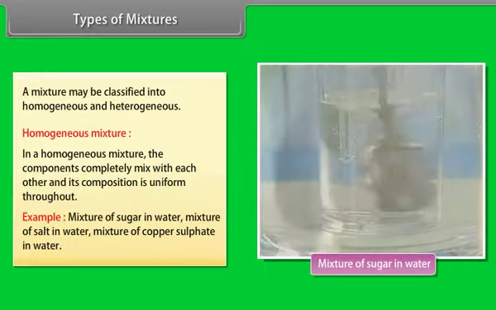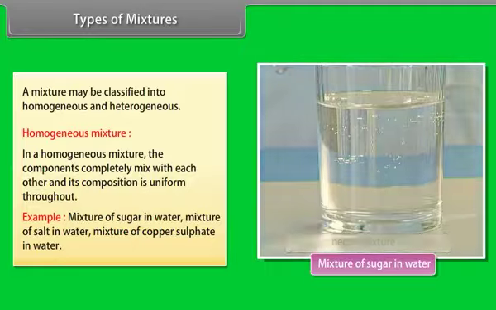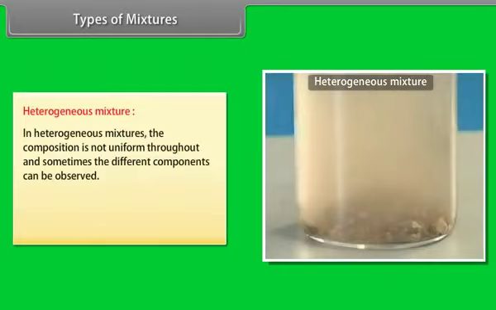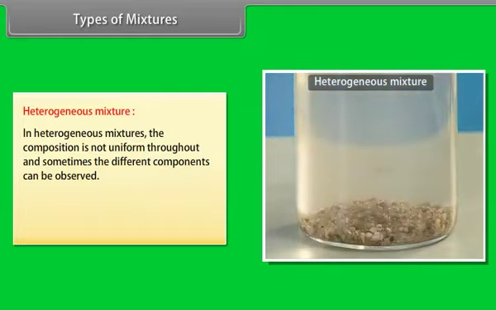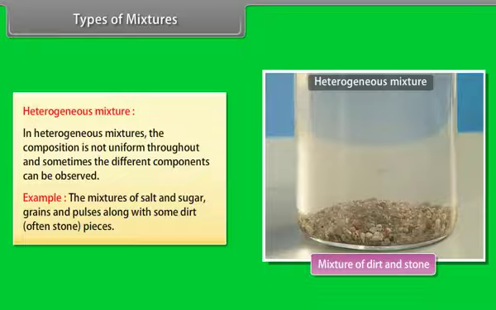Example: sugar in water, salt in water, copper sulfate in water. Heterogeneous mixture. In heterogeneous mixtures, the composition is not uniform throughout and sometimes the different components can be observed. Example: the mixture of salt and sugar, grains and pulses along with some dirt, often stone pieces.